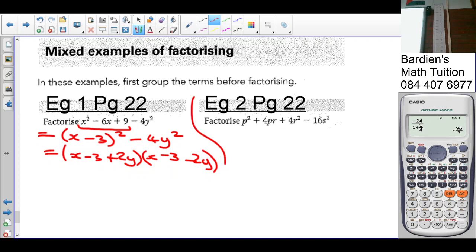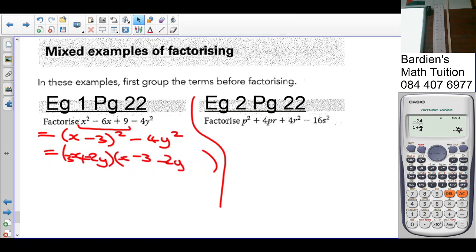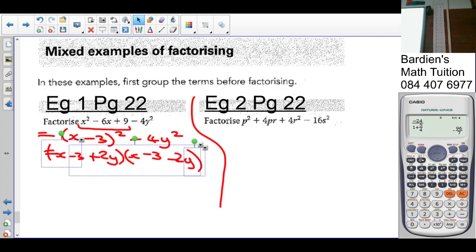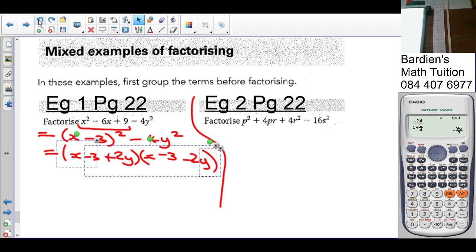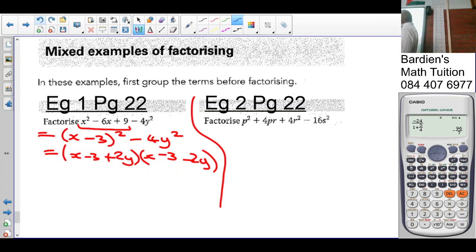Let's look at example 2. I hope you guys are not going to surprise us again. Right. Example 2. How are we going to group here? Try now.